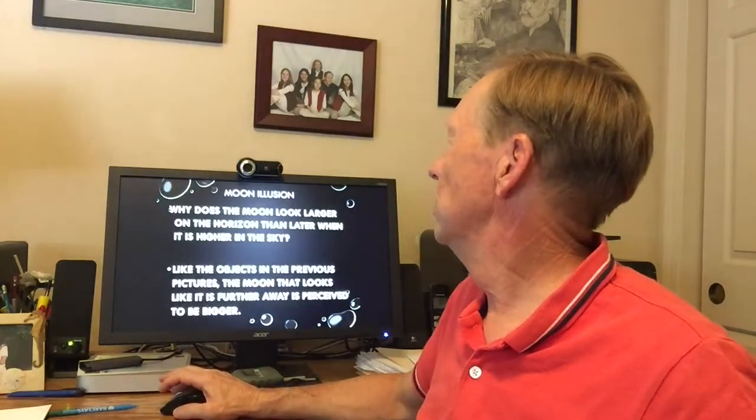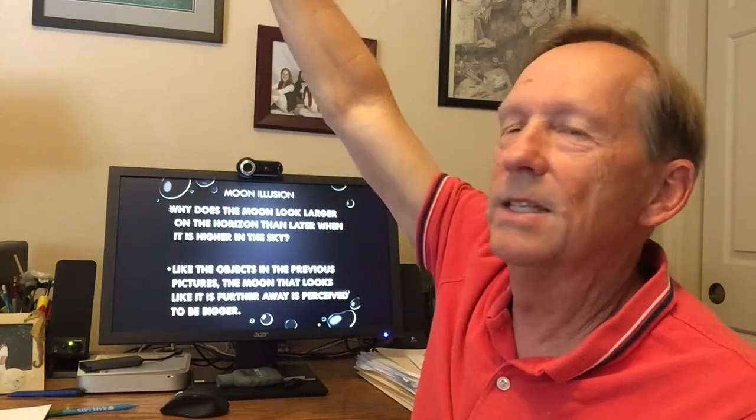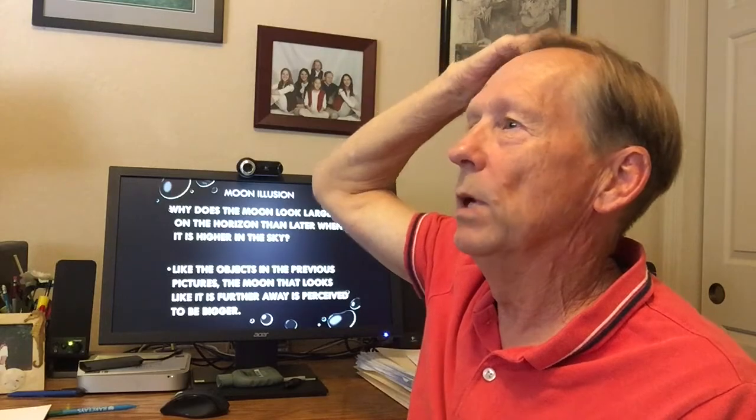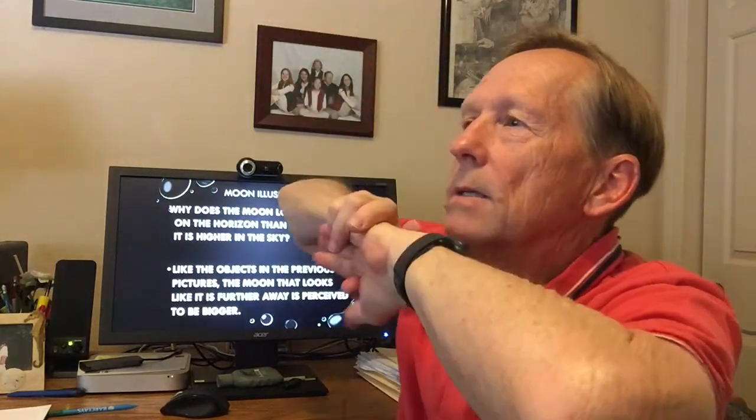Now that's the moon illusion. The reason why the moon looks larger on the horizon is because it looks like it's further away than the same moon up in the night sky. You can see this on any good full moon night. When that moon's on the horizon, it looks a lot bigger than it will look later on in the night sky. That's because the moon on the horizon looks like it's further away.